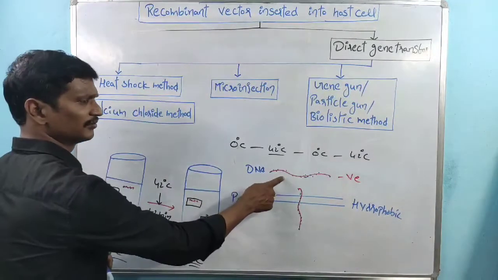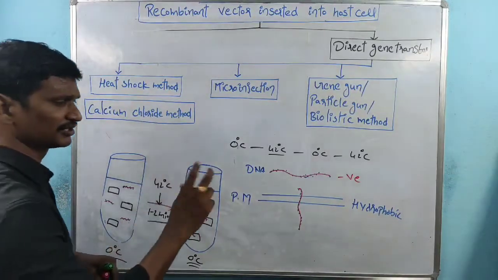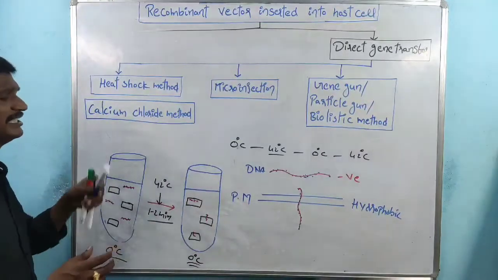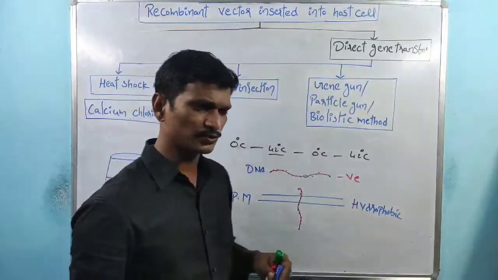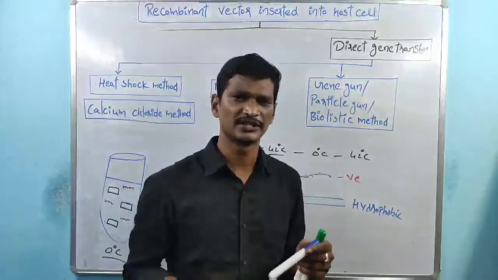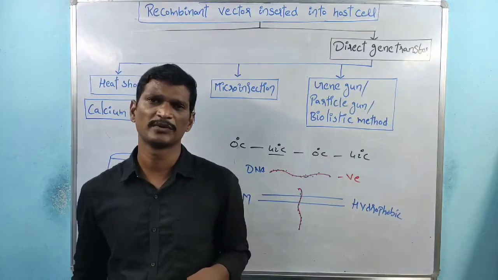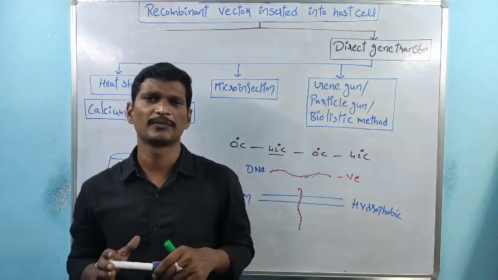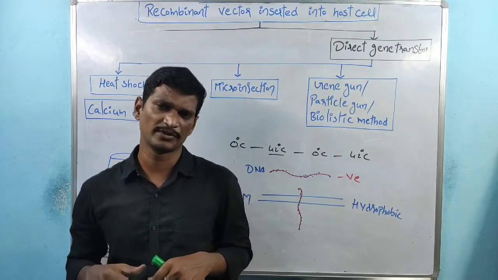The first reason I said was the coating, the precipitation: calcium chloride changes the charge. Next point: heat shock. If the cells are exposed to different temperatures, the plasma membrane immediately gets a shock.